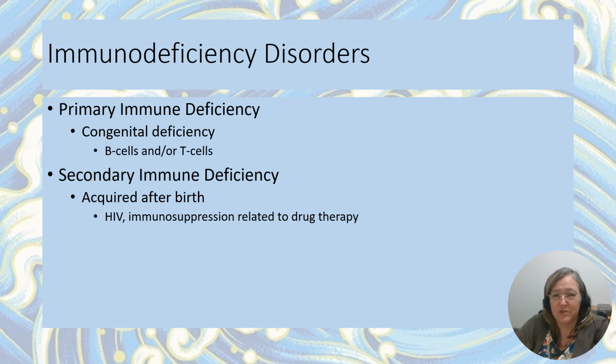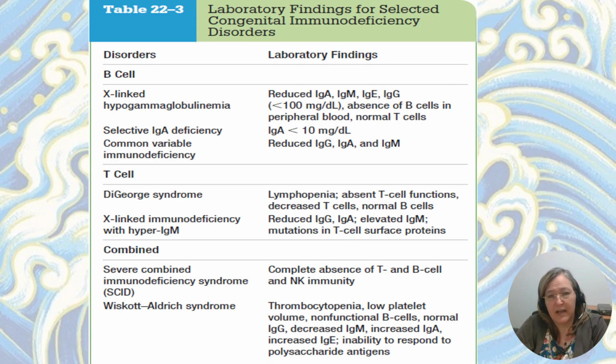It could be cancer treatment, for example, or perhaps the child's getting steroids for some reason, things like that. So we can run certain labs to determine if the child is low on certain immunoglobulins, and certain deficiencies are associated with certain disease processes.